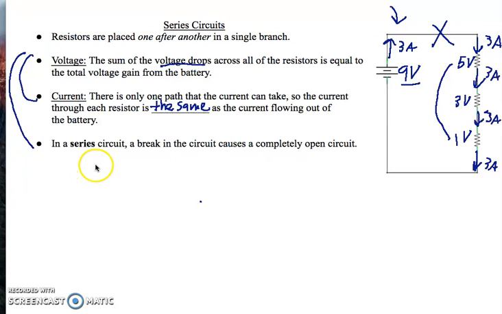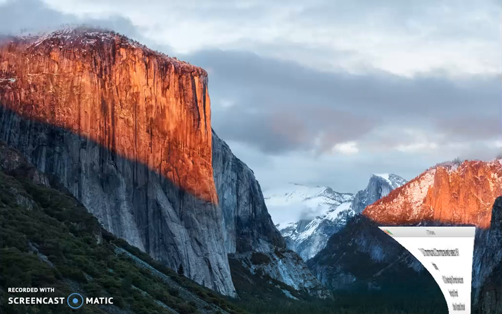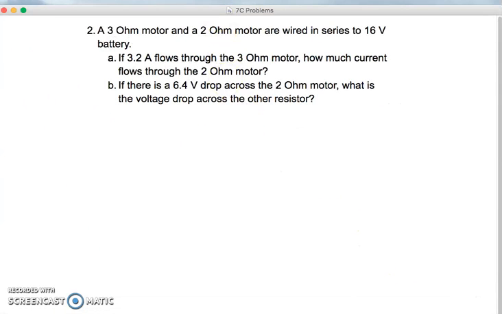Okay, last thing, let's work out a problem for one of these types of problems. All right, so we have a 3 ohm motor and a 2 ohm motor wired in series to a 16-volt battery. Let's draw that out. It doesn't say to, but never a bad idea.